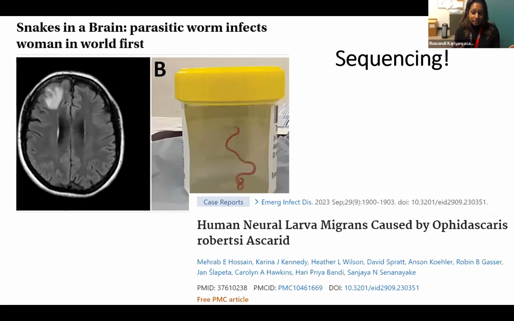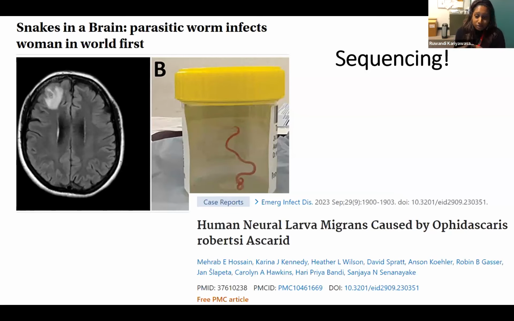What made the headlines about 6 months ago was that sequencing was used to identify a novel parasite causing an infection in a woman from Australia. This parasite caused a CNS infection referred to as human neural larva migrans, caused by a worm found in carpet python snakes in Australia called Ophidascaris robertsi, an ascarid.